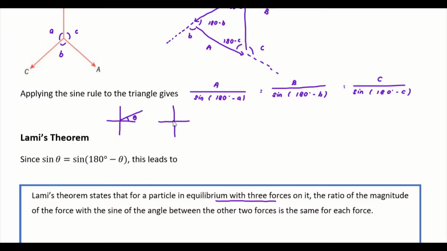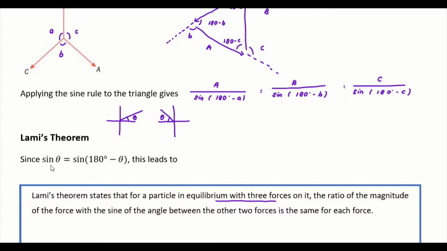If I have the same reference angle, which is theta here, then when you press your calculator, for example sine 30 and sine 150, it gives you the same answer, because both of them have the same reference angle, which is 30, and quadrants 1 and 2 both give sine as positive.